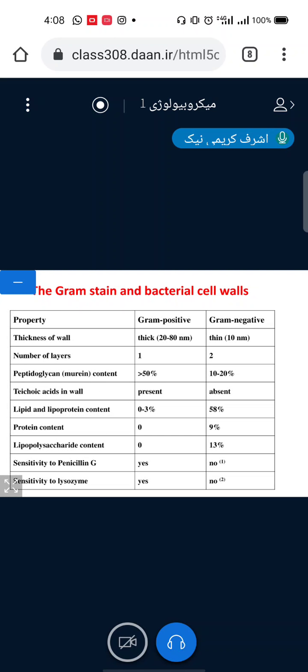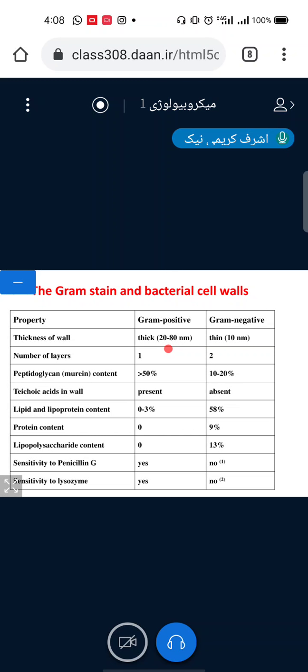This is a summary of this section. Thickness of wall in gram-negative bacteria is 10 nanometer. It is thin. But in gram-positive bacteria, it is thick.